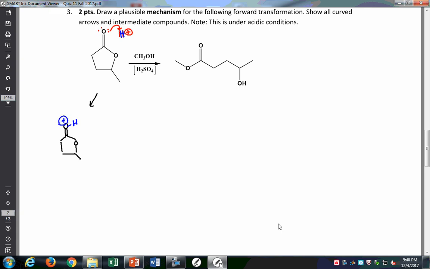Now that we have that positive charge, now our methanol can attack, and it's going to attack neutral. That's going to quench that positive charge, but then we're going to end up with a positive charge on the oxygen of methanol. It's very similar to the mechanism from before.